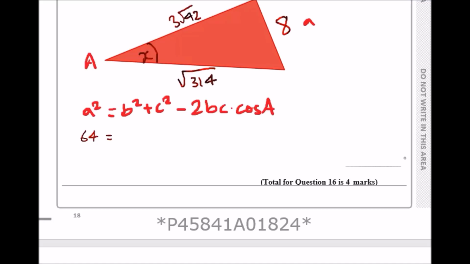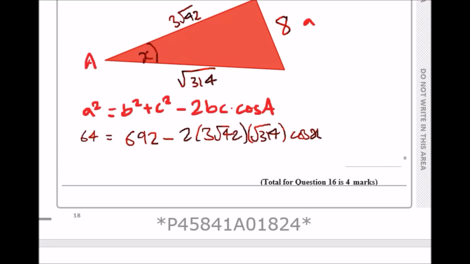That should give us 692, minus, then you do the same thing, so minus 2bc, minus 2 times 3 root 42 times root 314 multiplied by cos x. Now all we have to do is make cos x the subject. So let's do some faster rearranging. To make cos x the subject, we need to subtract 692 and divide by minus 2 times this quantity.